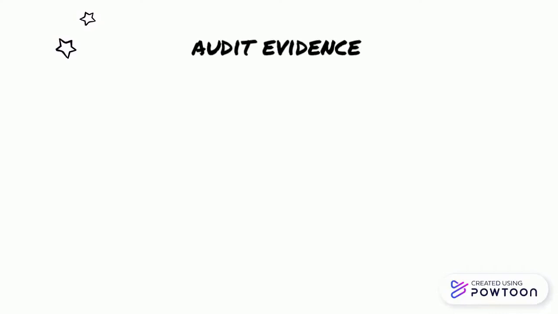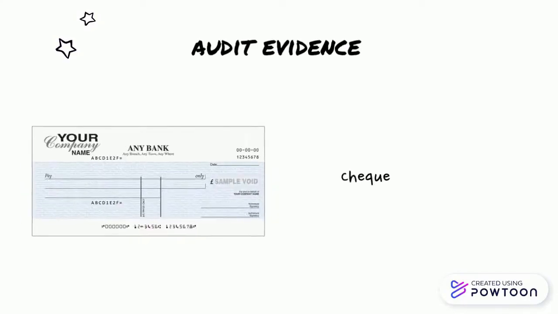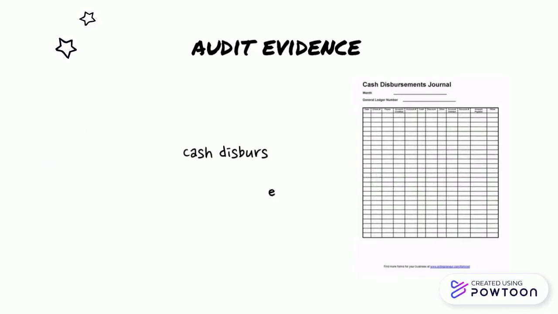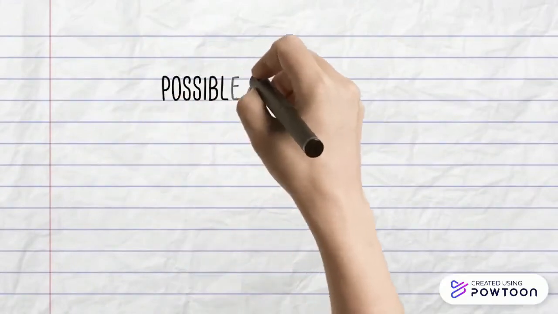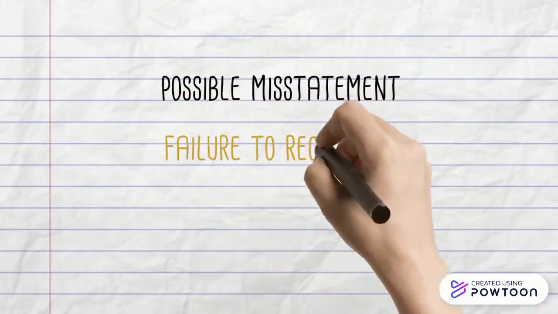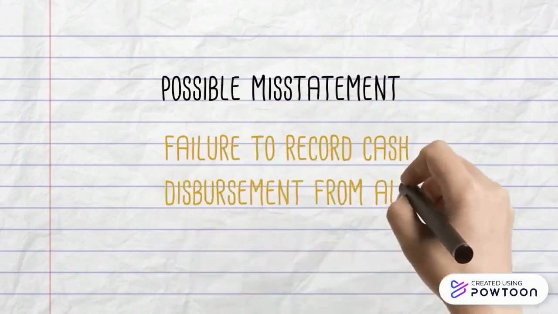There are two audit evidence for classification under cash disbursement, which are check and cash disbursement transaction file or listing. Last but not least, the possible misstatement is failure to record cash disbursement from all accounts involved.